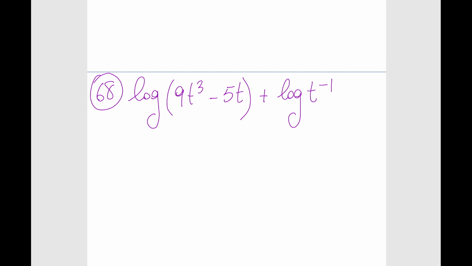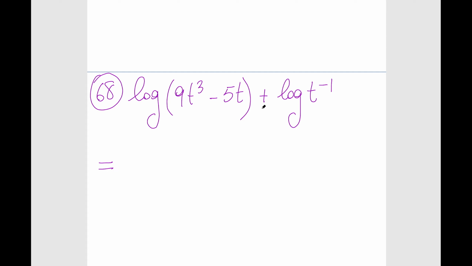Log base 10 of 9t cubed minus 5t, plus log base 10 of t to the power negative 1, right? Okay. This is equal to what?